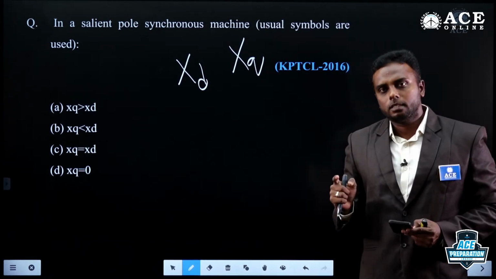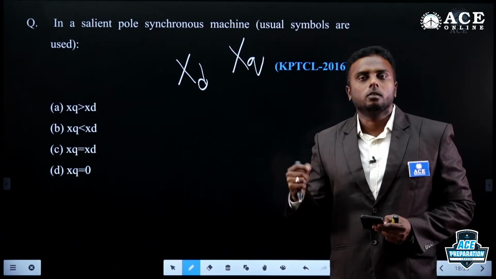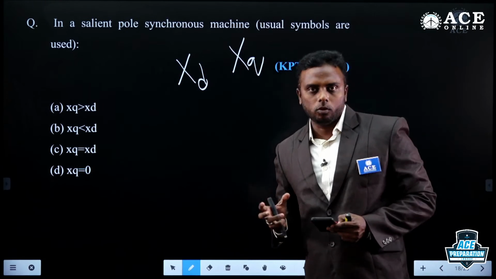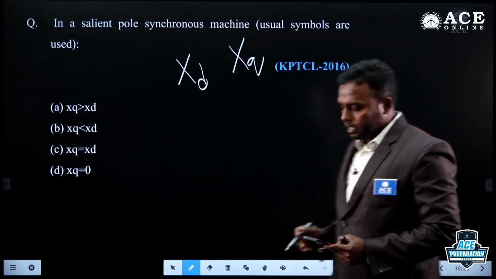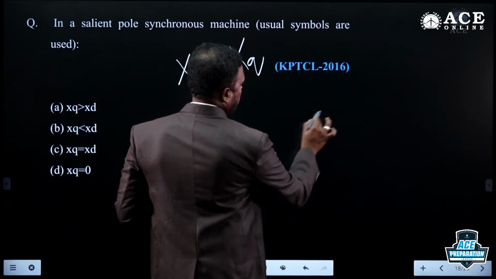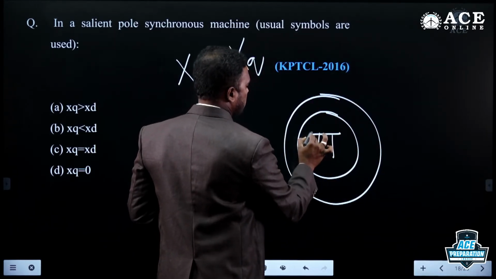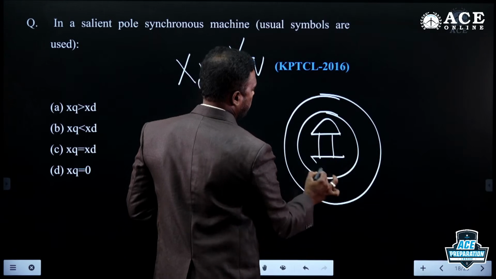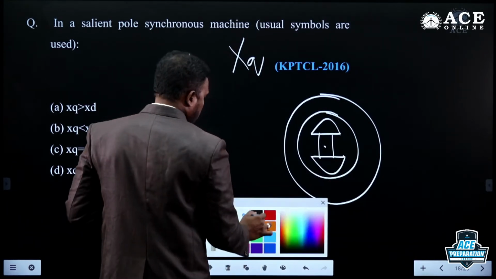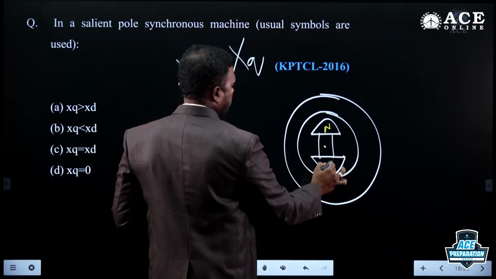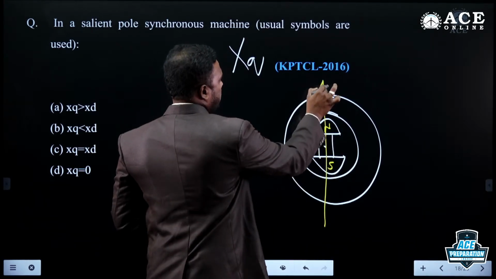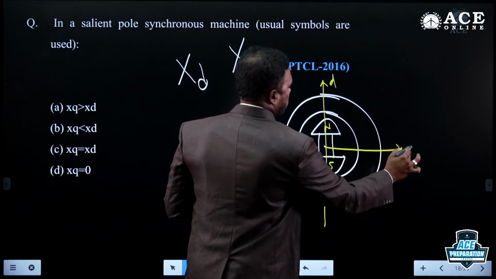Now along which axis will more gap come? Along the Q axis. In salient pole machines, the poles are projected poles like this, north and south. This axis we call the D axis and this axis we call the Q axis.